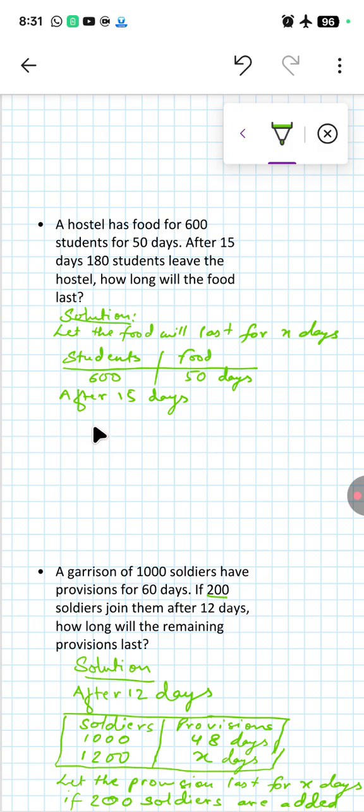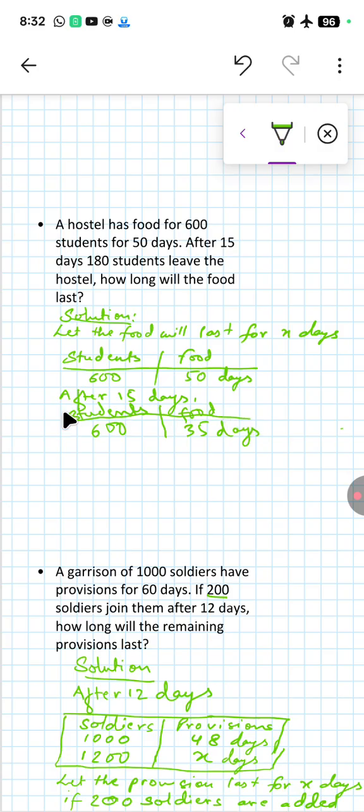So after 15 days, students will remain the same. First 600 students. Now the food was for 50 days. Now 15 days they have eaten. After eating for 15 days, now that food is going to last for only 35 days for 600 students.